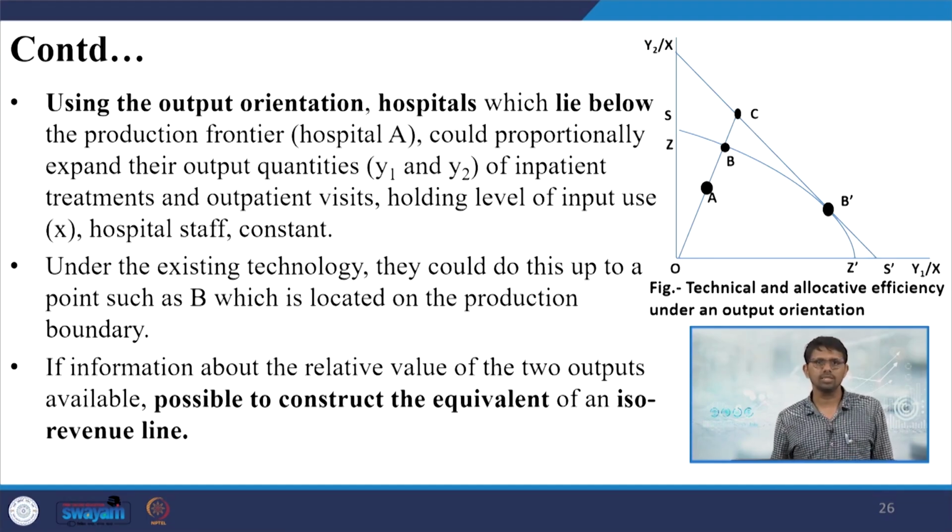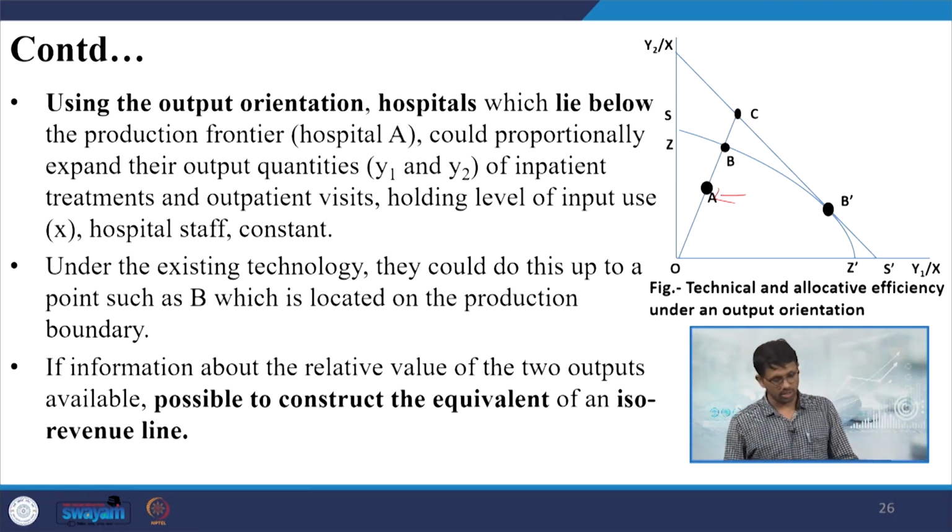Using the output orientation, hospitals which lie below the production frontier, that is hospital A in this case, could proportionally expand their output quantities, Y1 and Y2, of inpatient treatment and outpatient visits, holding the level of input use, that is X, or hospital staff, constant.